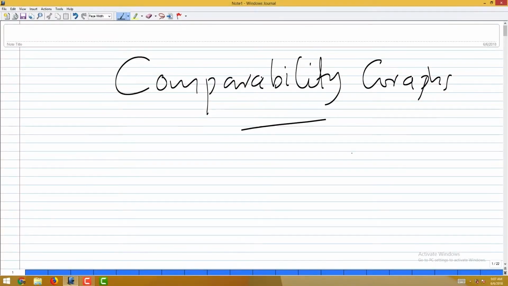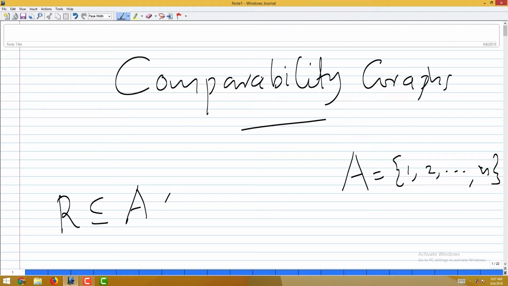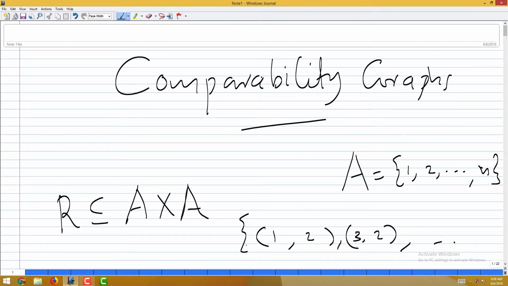On an n element set, if A equals the set 1, 2, 3, up to n, then you can take any subset of A cross A, the Cartesian product of A, and that will be a relation, because it will be pairs, say 1, 2, 3, 2, like that. Any subset you can take, even an empty set is fine.